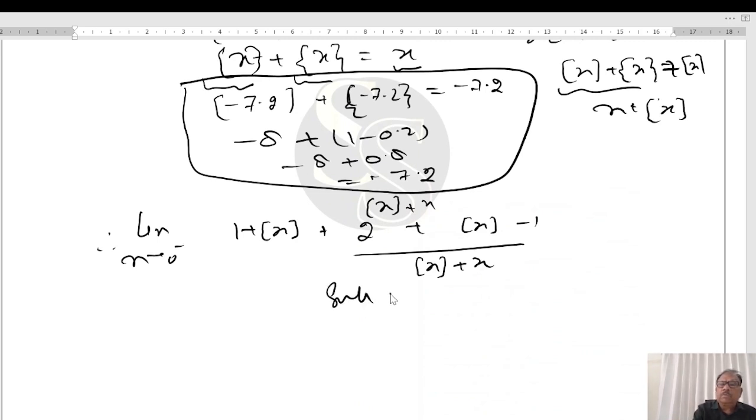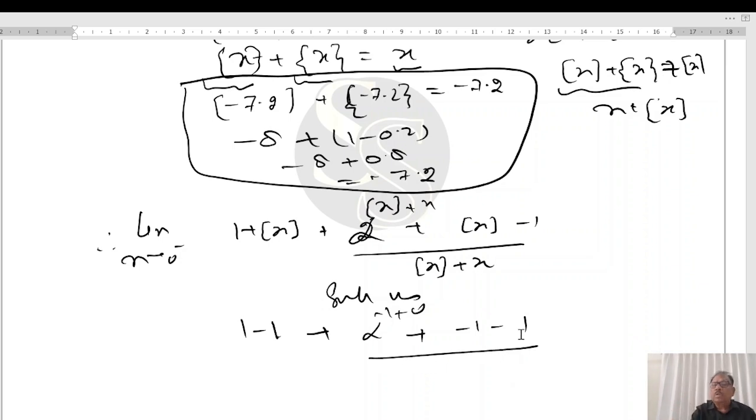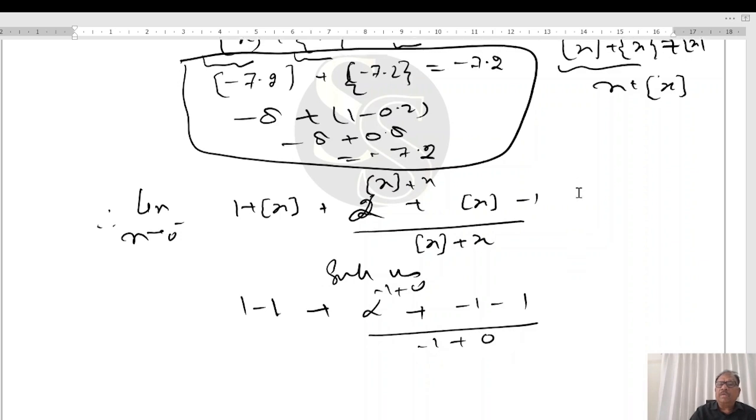Now, substituting limits, this will become 1 minus 1 plus alpha to the power minus 1 plus 0 plus minus 1 divided by minus 1 plus 0, right?